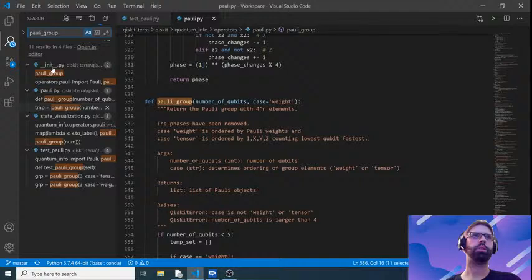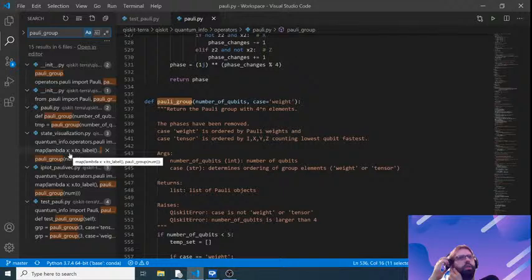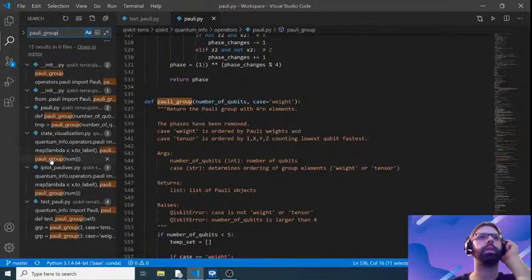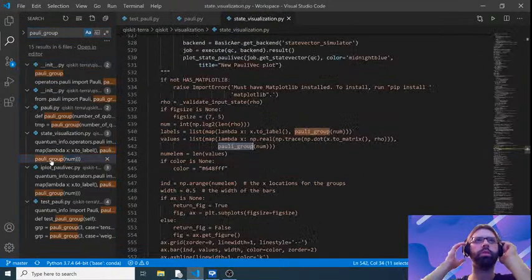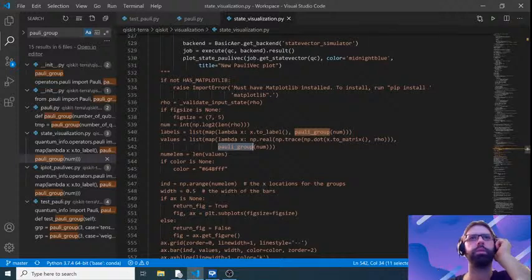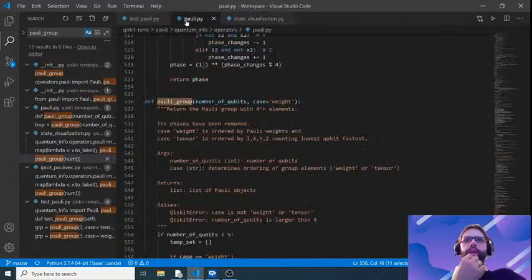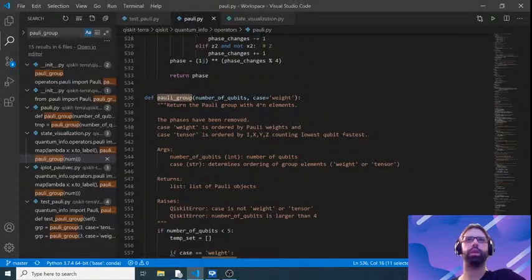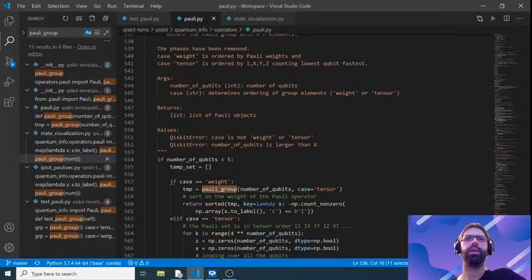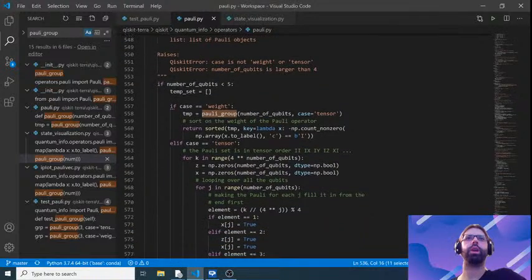So wait a second. This is used in other places. And oh, okay, in state visualization. Okay, let's take a look. Oh, is it just utilities? Okay, so that just gives you the Pauli group back. Okay, I get it.